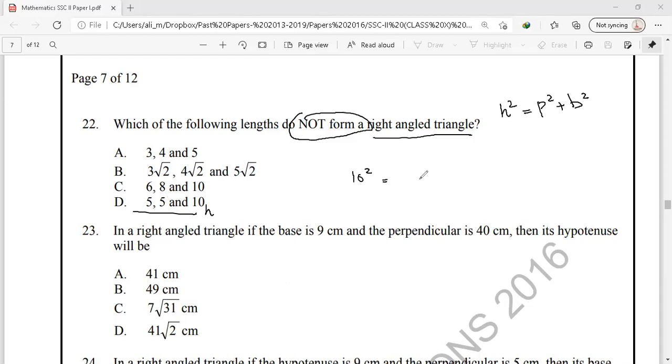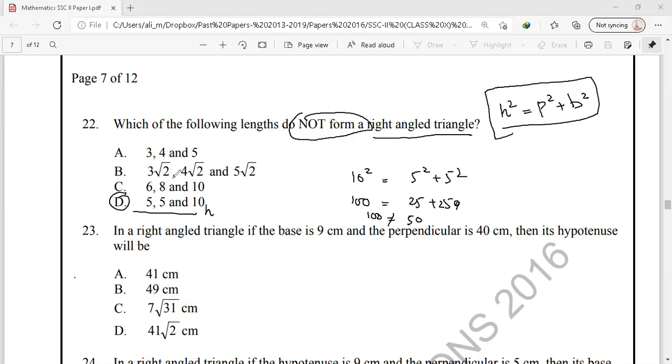So 10 square should be equal to 5 square plus 5 square. 10 square is 100, while 5 square plus 5 square is 25 plus 25. So both sides of the equation are not equal. It means this will not form a right angle triangle. For the remaining three options, 3, 4, 5, 3 root 2, 4 root 2, and 5 root 2, and 6, 8, and 10, we can satisfy the Pythagoras theorem. These can all be the sides of a right angle triangle except option D.